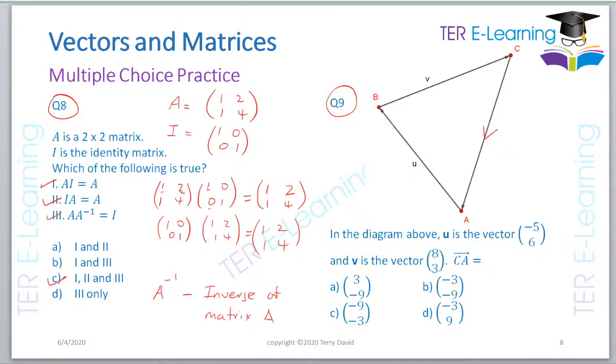All right, so question 9, we have two vectors. We have vector U and we have V. And in this particular case, we want to get the vector CA. I'll wait for somebody to give me an answer before I work it out.